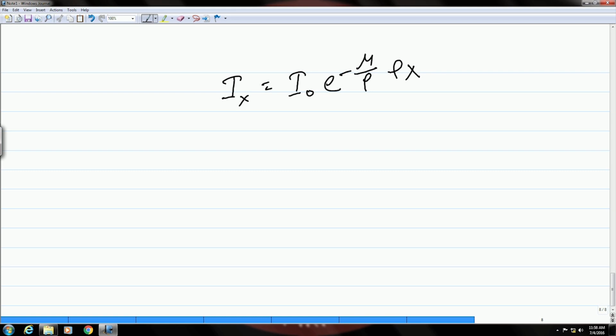Now, we can define another parameter, known as m and given by mu by rho, and this parameter is known as the mass absorption coefficient.